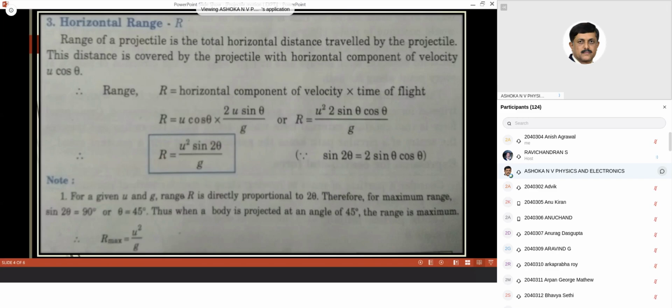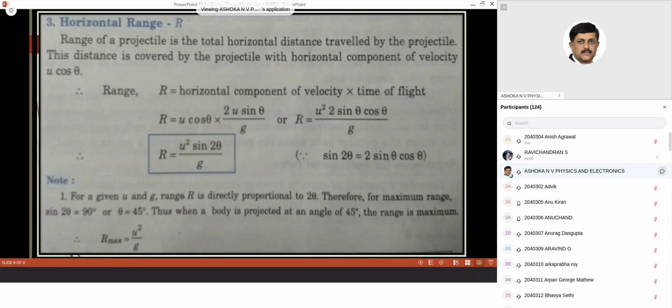Sine 90 is 1 and you know sine 0 is 0. It varies from 0 degrees. That's why the range keeps varying from 0 to 90 degrees. But in between you have complementary angles, where both angles will theoretically give the same value. When you are doing it experimentally, there may be a small variation that you can verify. So this depends on 2 theta.